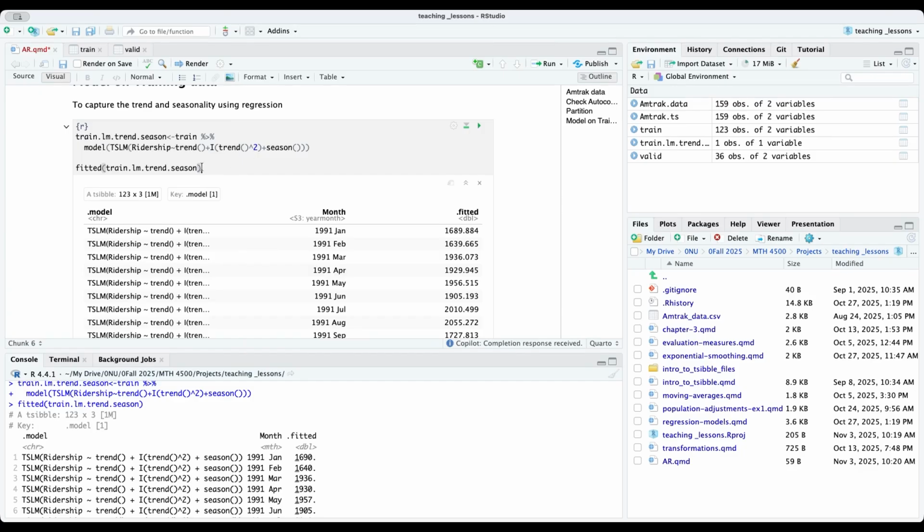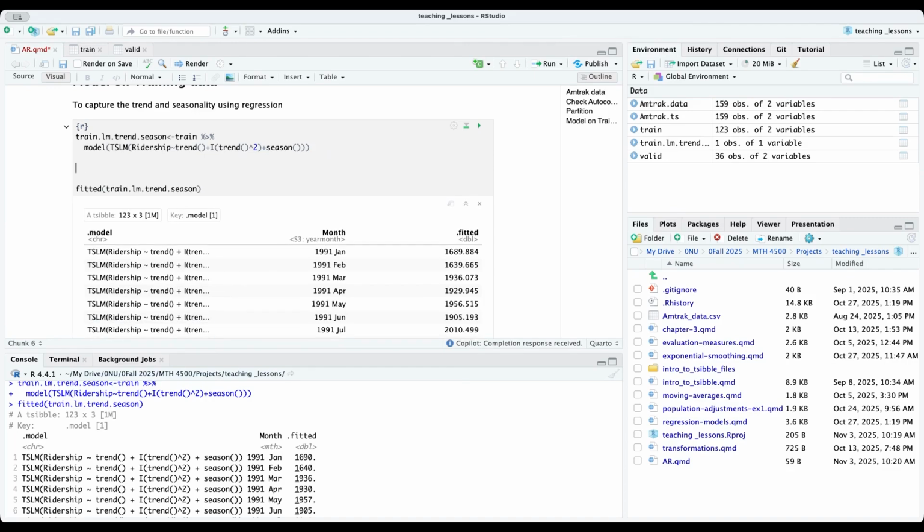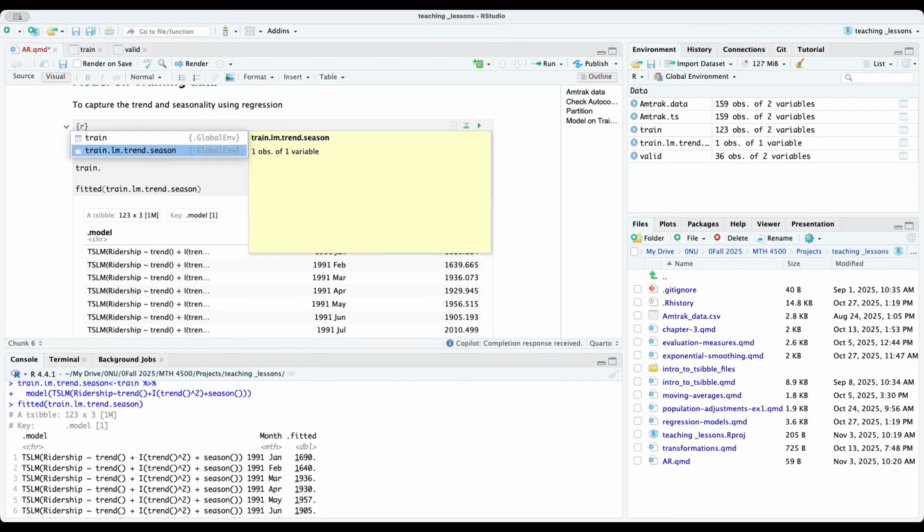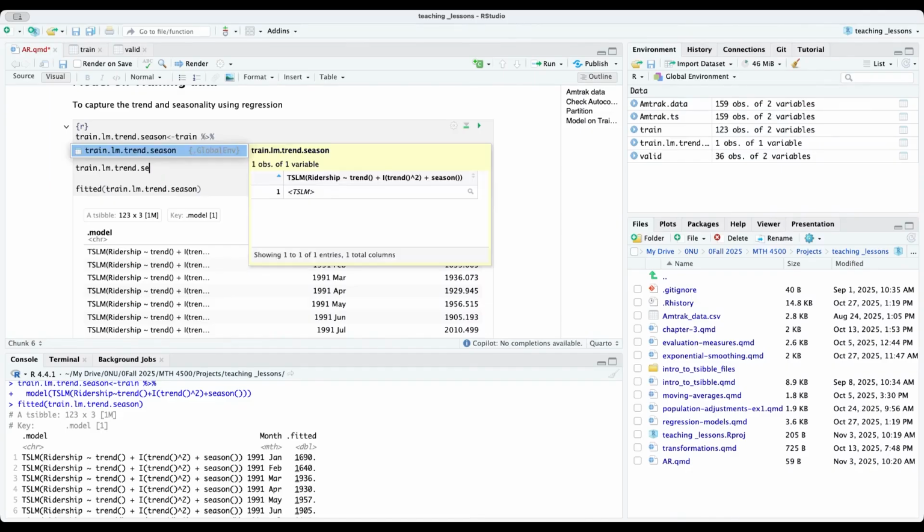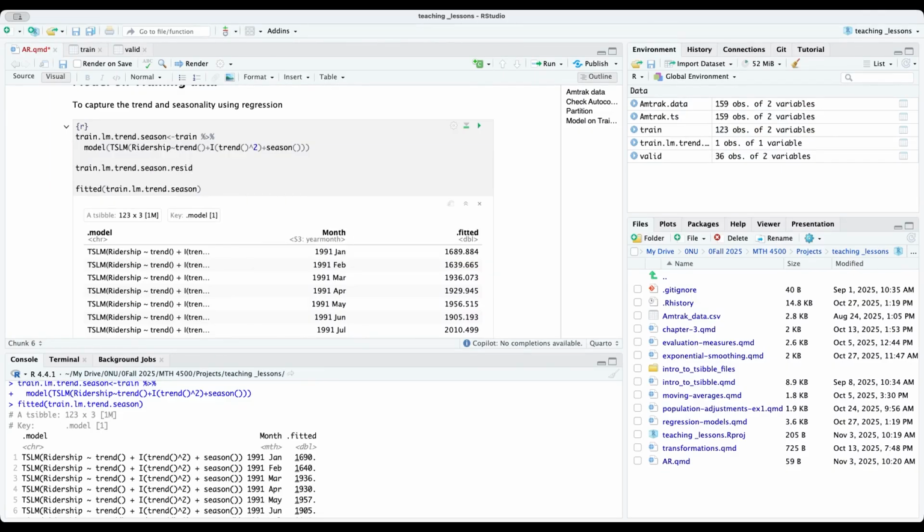So I would first keep that model, but I would like to create train.lm.trend.season.reset. This is the one that I care about. I'm going to pick the residuals only.